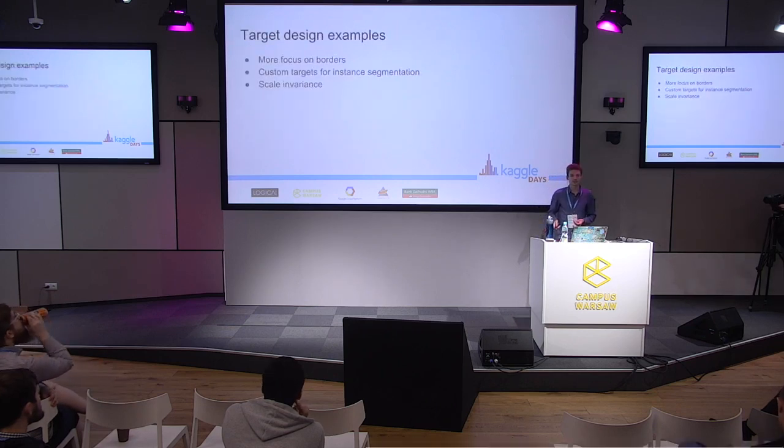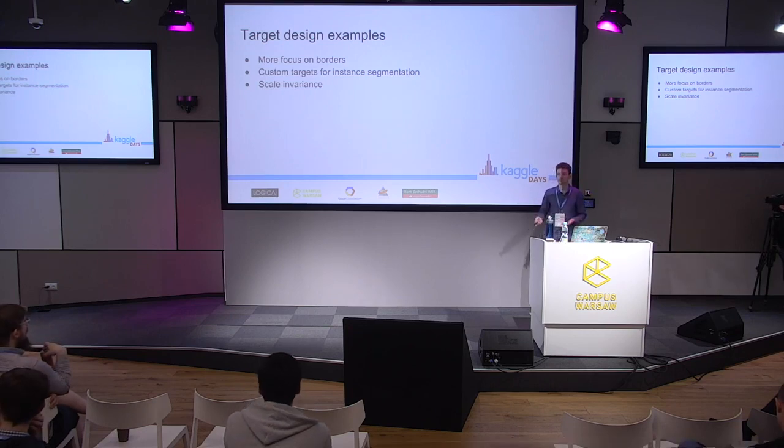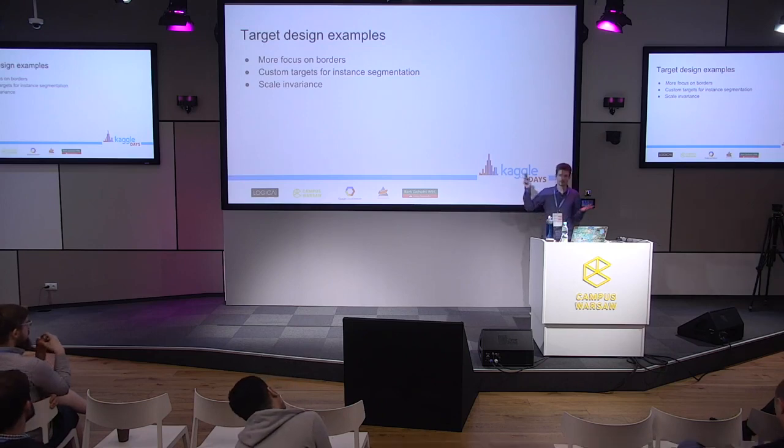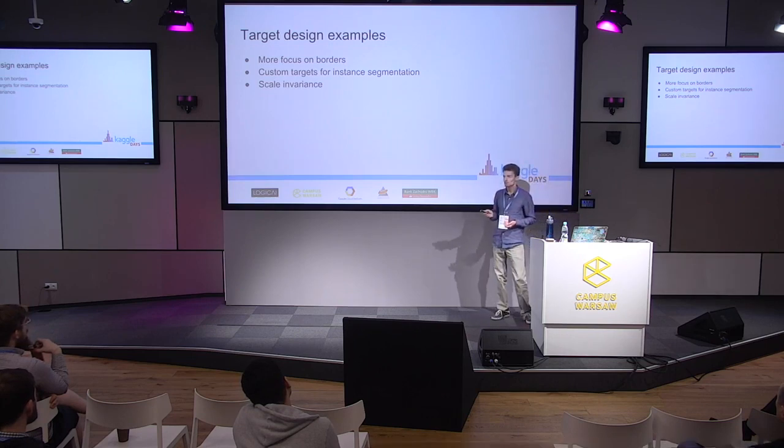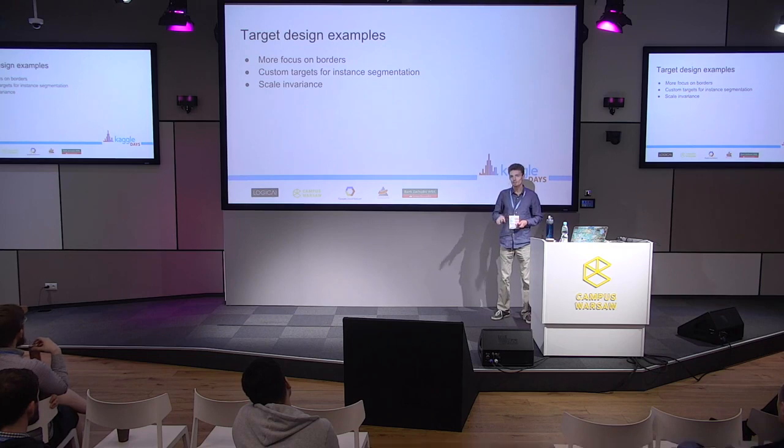Okay, another thing is that you have a lot of freedom in how you design the target. The target can be just the classes that you need to predict, but you can also include additional things. One example: small objects are hard anyway.